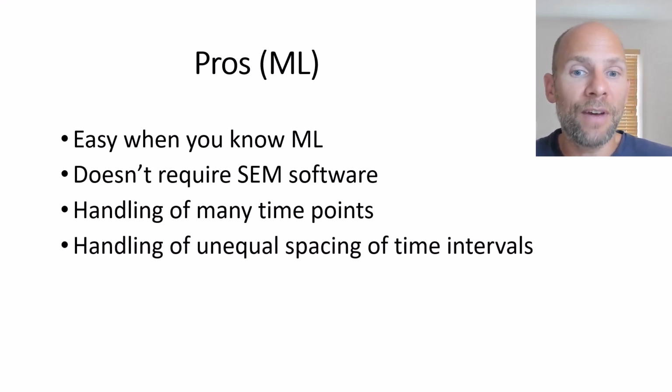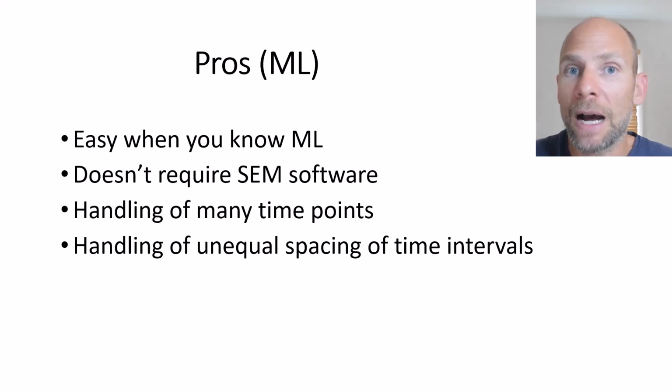And in the same vein, it's also easier in the multi-level modeling framework to handle unequal spacing of time between and also within individuals. So individuals may vary widely in terms of when their scores were recorded, and they may not have been recorded with the same time intervals, and then that can be complicated in the CFA SEM framework to take that into account.